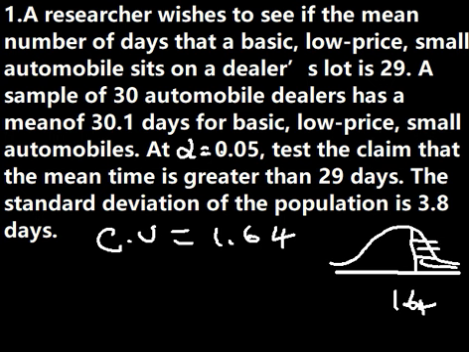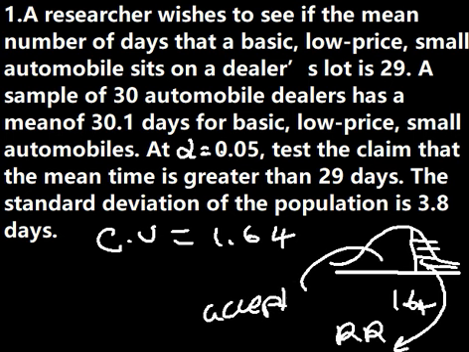This is the rejection region, or the critical region, and this is the acceptance region. Take note of that. This is the rejection region because that's the region which the alternative hypothesis favors, and this is the acceptance region because this is the region which the null hypothesis favors.